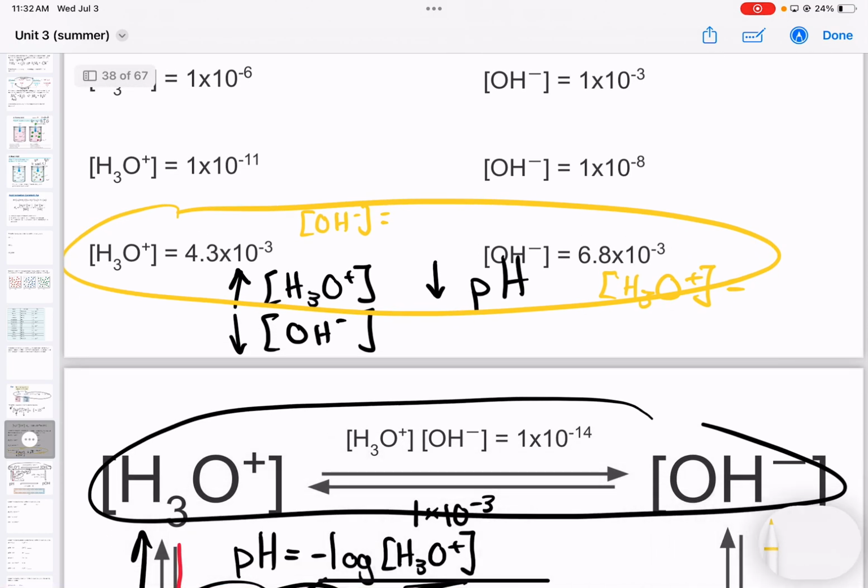So you're using the equation that's at the top of that next page.